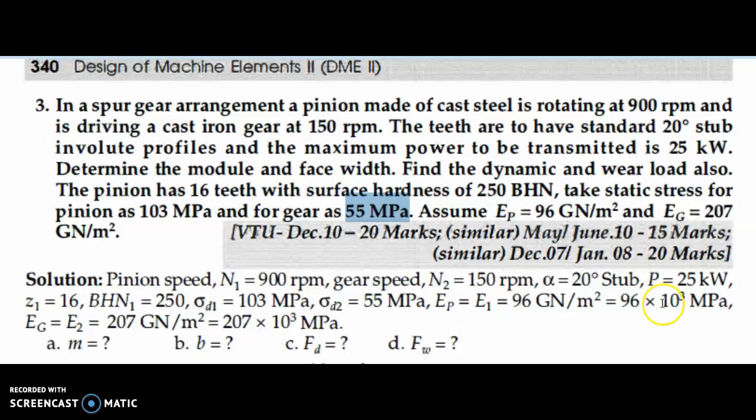Then E2 is equal to 207 into 10 raised to 3 megapascal.